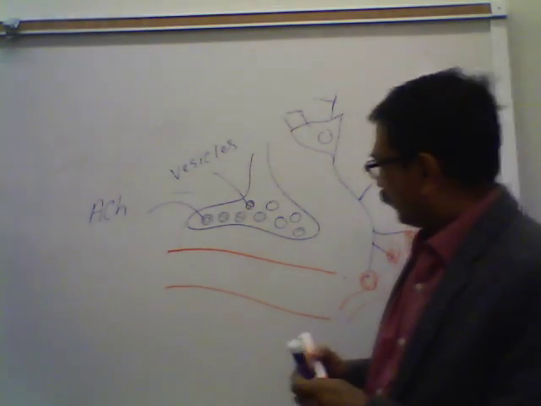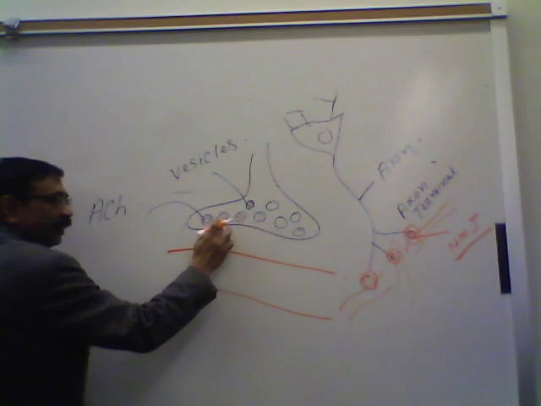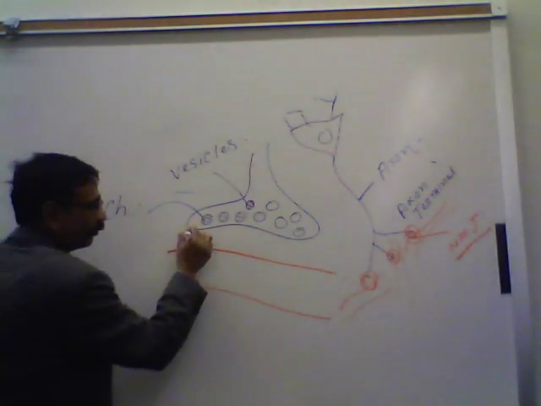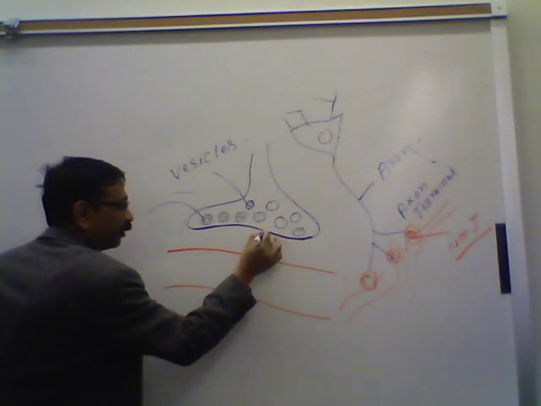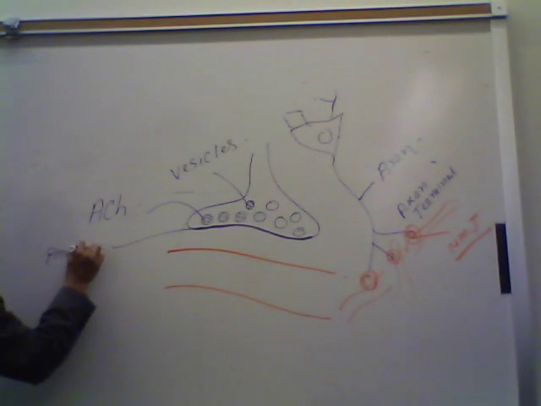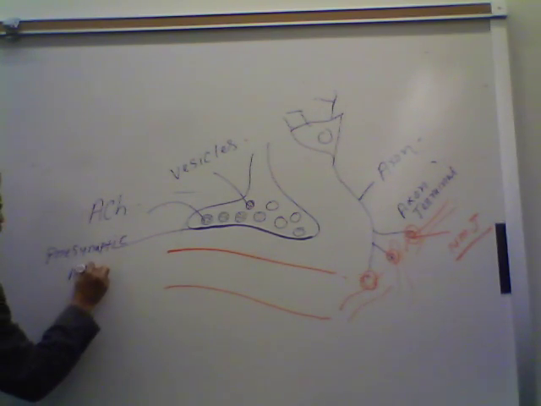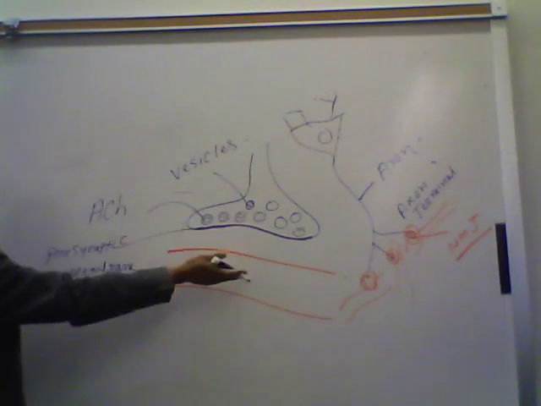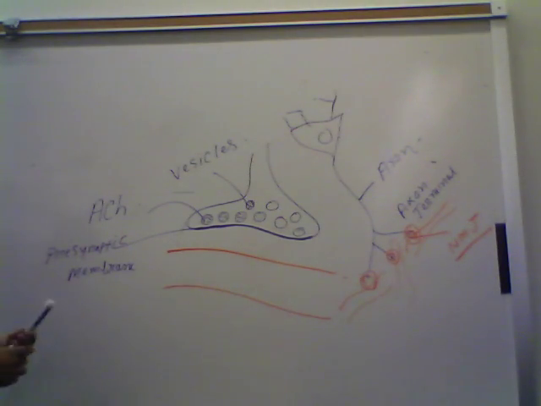The part of the axon terminal that is facing towards the muscle is called the presynaptic membrane. Pre means before the synapse.